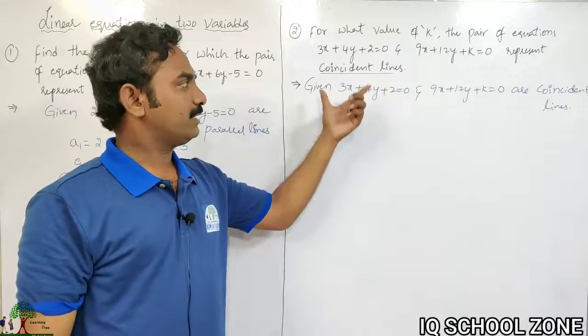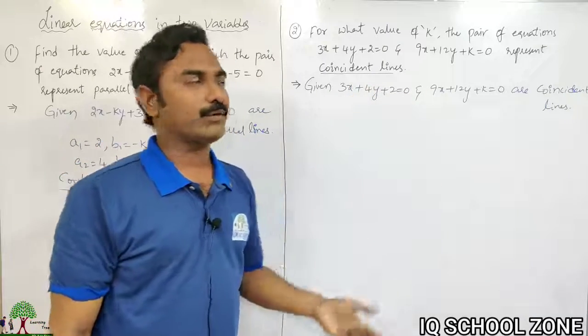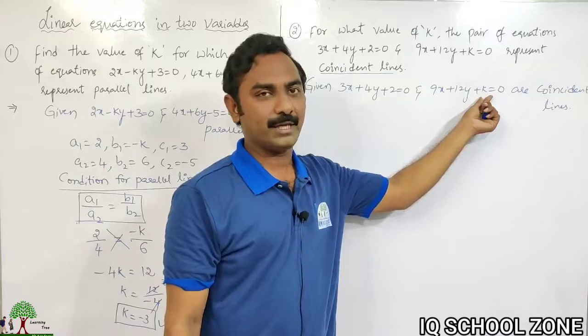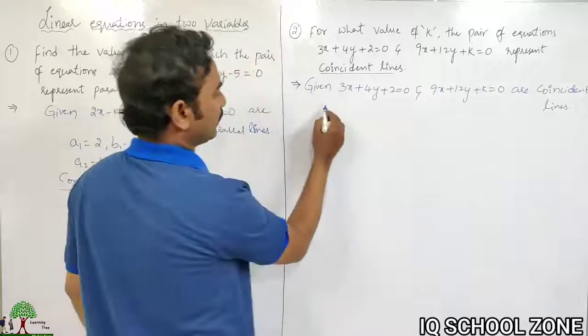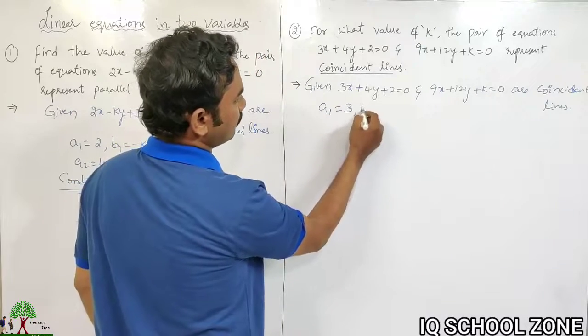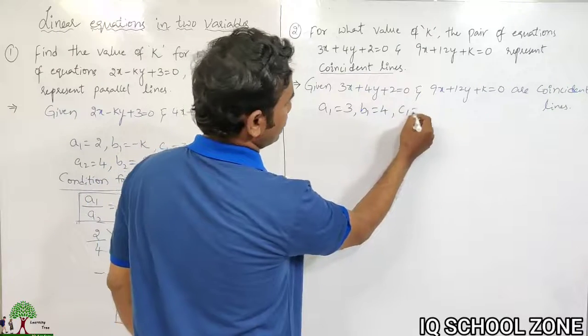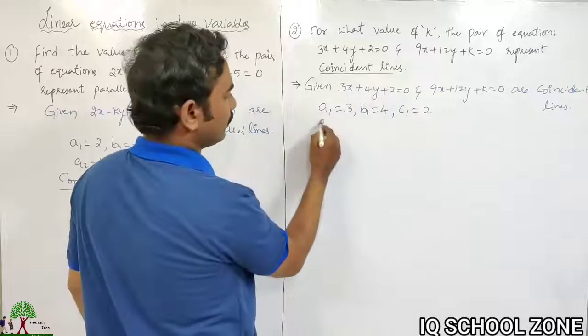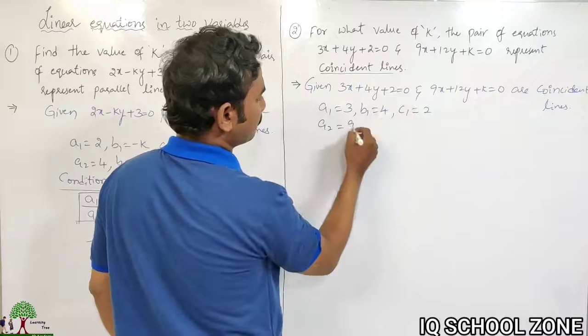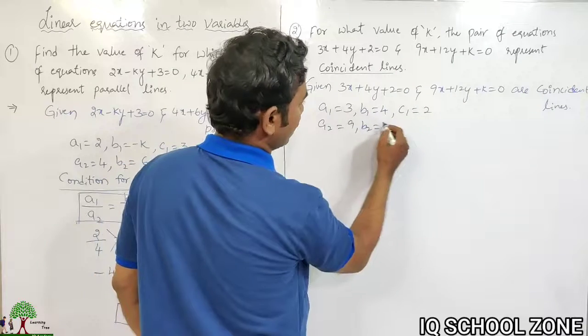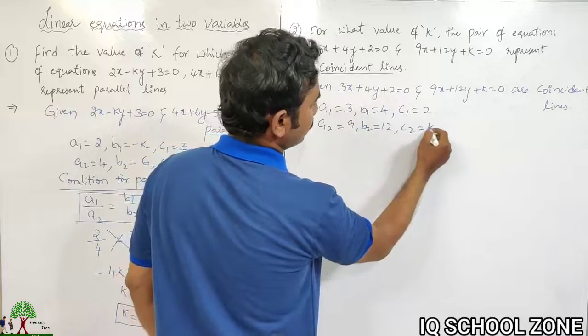It has been given that these two lines are coincident. Now we have to find out the missing term k. So here A1 is 3, B1 is 4, C1 is 2. Similarly A2 is 9, B2 is 12, C2 is k.